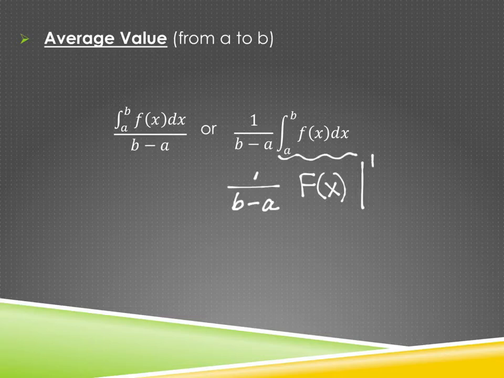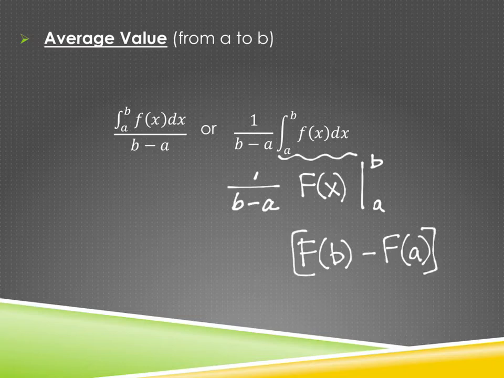We're going to evaluate it at the top value, which is B, and at the bottom value, which is A. Literally, we're going to plug B into the function capital F of x, plug A into capital F of x, and subtract them.